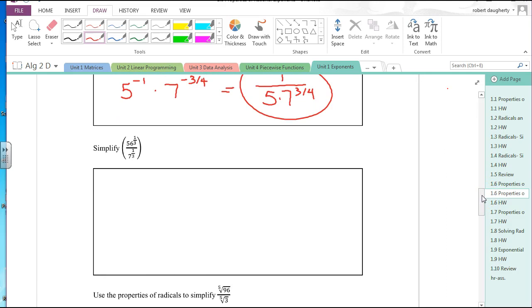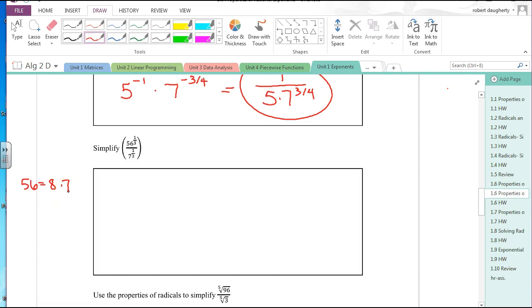Okay, let's look at the next one. 56 to the 1/3 divided by 7 to the 1/3. Okay, if I want to simplify this, first thing you want to recognize here is, is there any simplification in the parentheses? I look at this immediately and I know that 56 is 8 times 7.